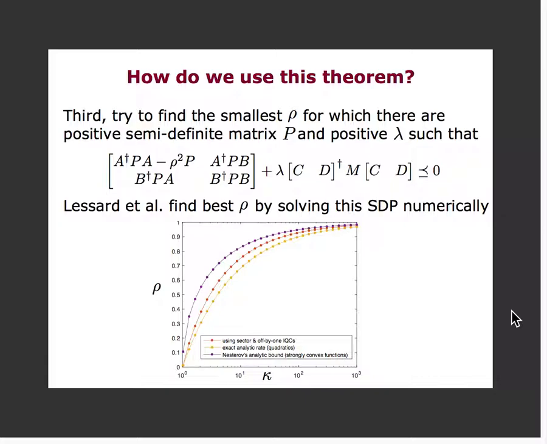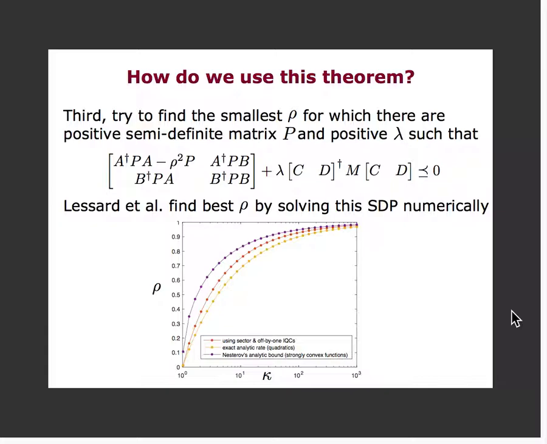I fix some momentum. I fix some L and M, some upper and lower bound of my curvature. So everything is now just numbers. The A, B, C, D matrices are just numbers, and M is already only numbers. And then I guess some rho. I'm going to guess rho is equal to 0.5 for this choice of algorithm parameters, and for this choice of bounds on the curvature of my function.